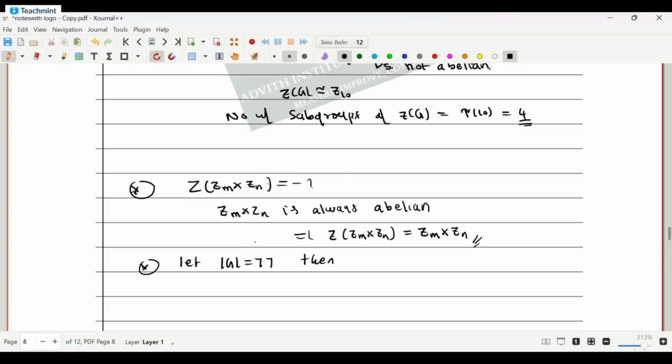But the product of cyclic groups need not be cyclic. It is cyclic whenever the GCD of m, n is equal to 1.